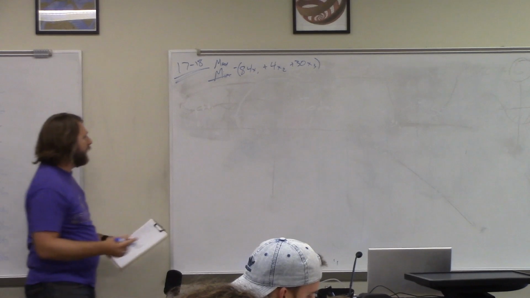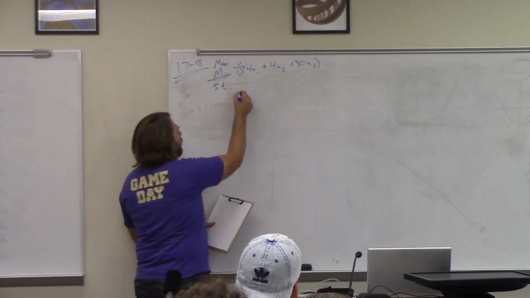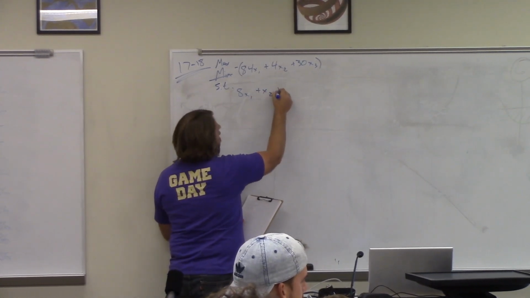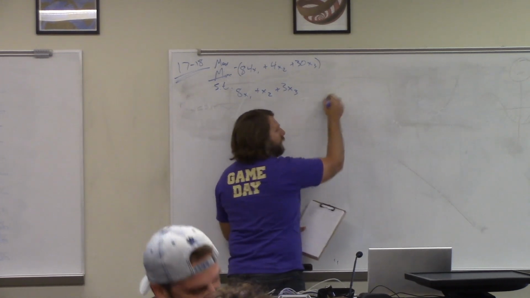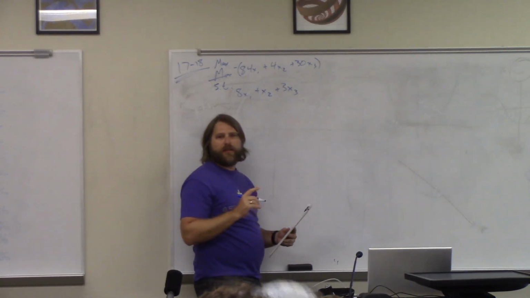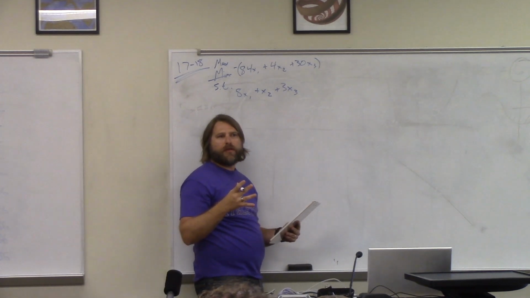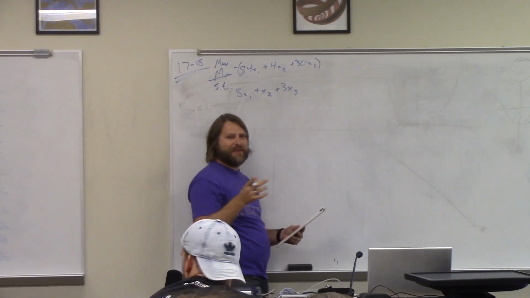All right? Then if we do our constraints here, I'll try to do this quickly here. Plus x2 plus 3x3. This is a less than or equal, so what kind of constraint, how are we going to transform this into standard form? Adding slack, right?